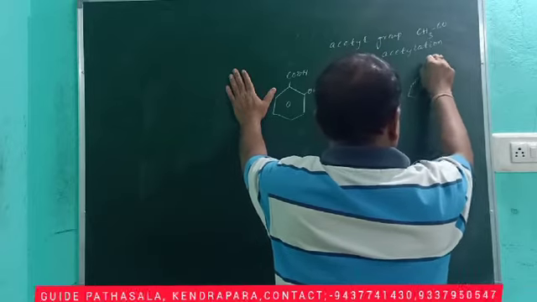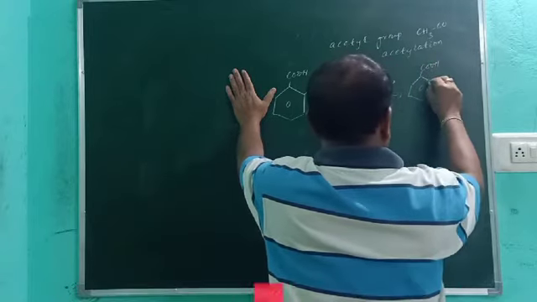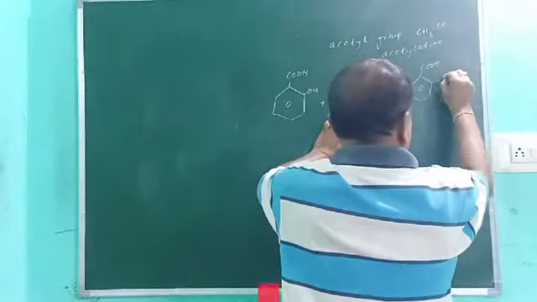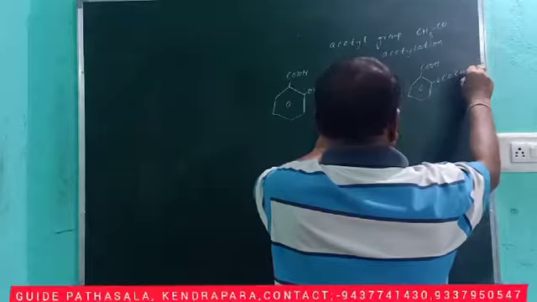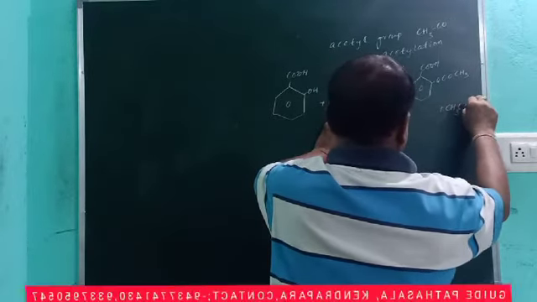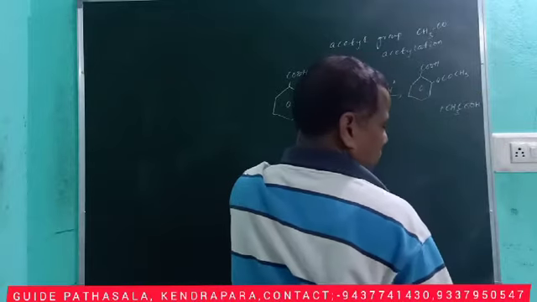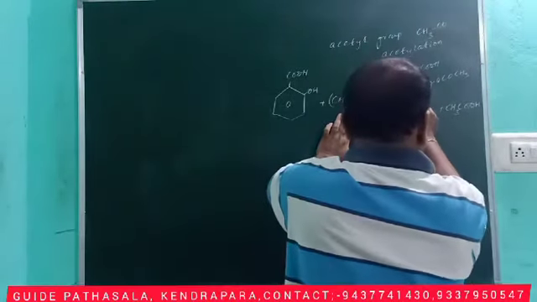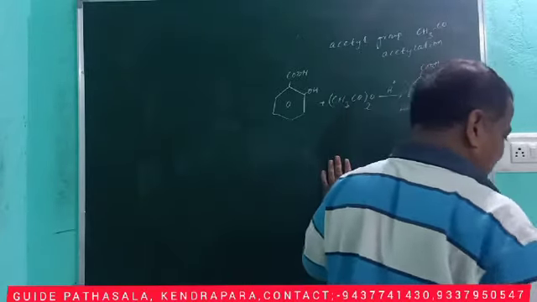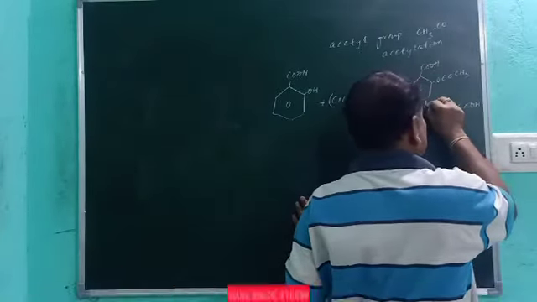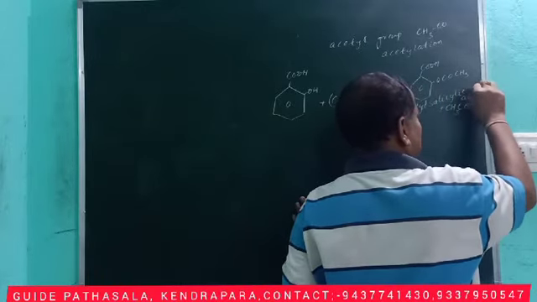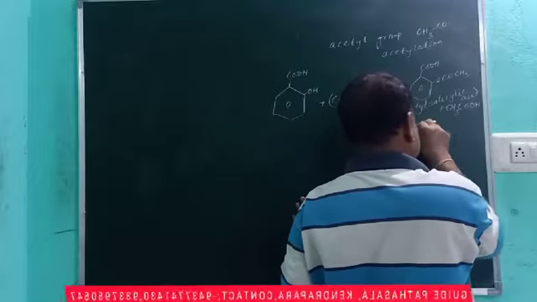The COOH remains, and the OH becomes the ester OCOCH3, plus CH3COOH, which is acetic acid. It is acetyl salicylic acid, which is otherwise known as aspirin.